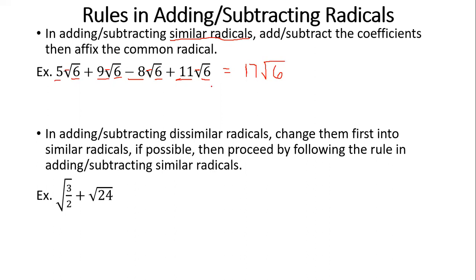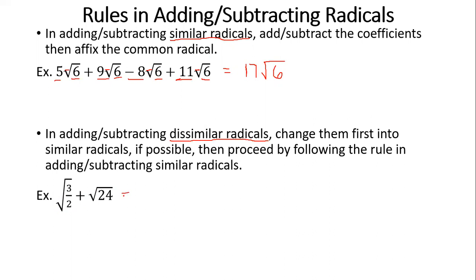Pero paano kung dissimilar naman? So, dito po sa second case or dito po sa ating second rule, dissimilar radicals meaning they have different radicand. So, such as this case, it is also important to take note po na sa ating example dito, pareho pong square root yung involved.